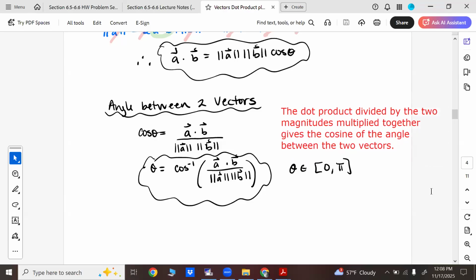Yeah, so that's what it gives us. And the example on the next page at the top tells us that.